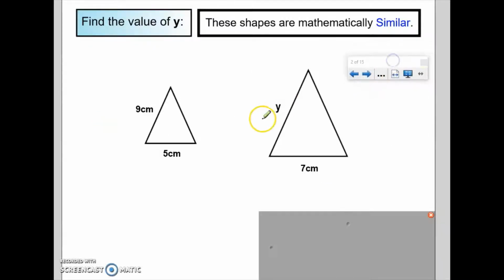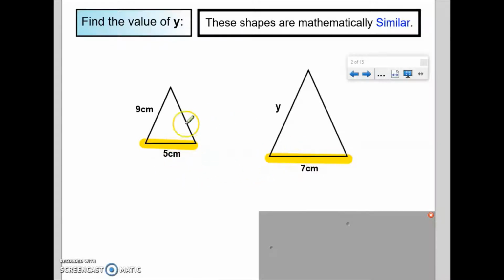Second example here. Again, we are told that these shapes are similar. So we can assume that all three angles are identical, but we can tell from the images that this one is an enlargement of this triangle. First thing we need to do is work out the linear scale factor. So we've got this length here, and its corresponding length is here.